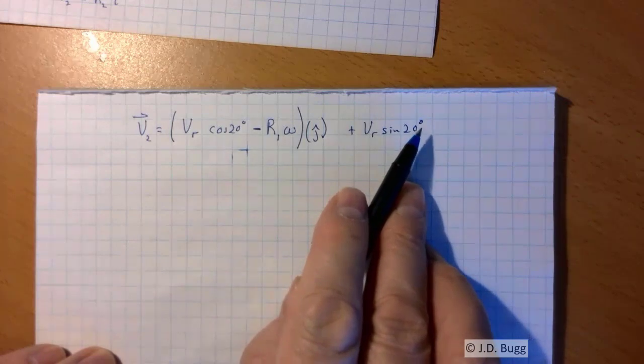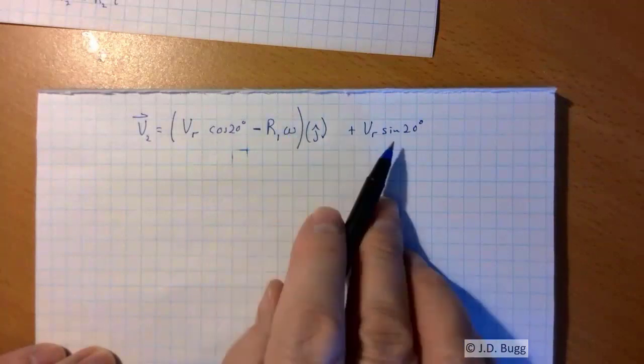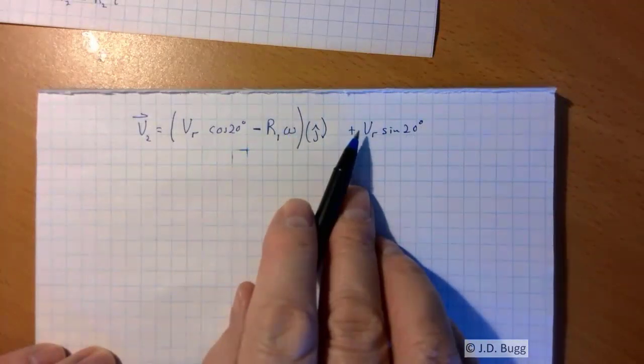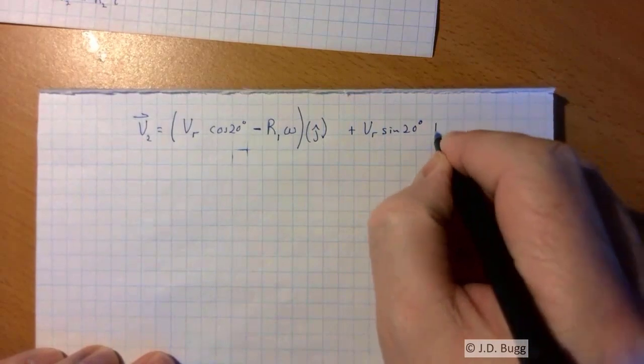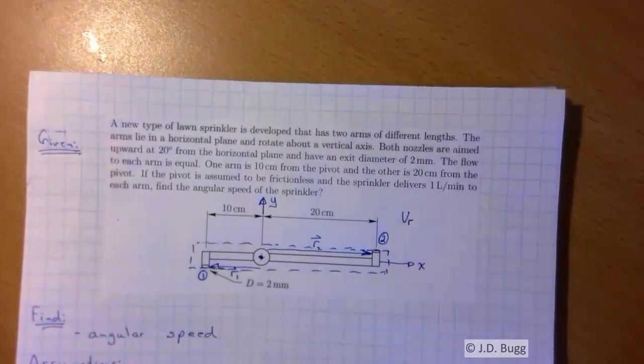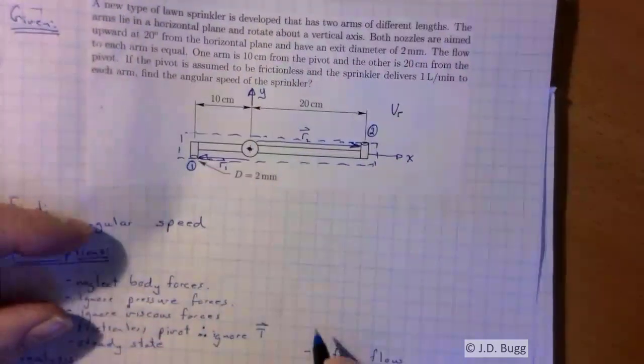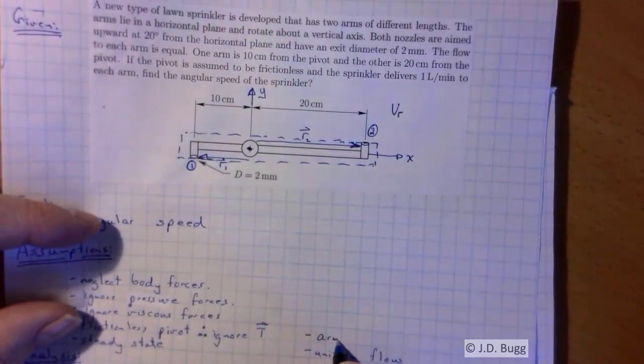And notice that nozzle tip is not moving in the K direction, so we don't have to do any shift or any correction to get the frame of reference right. So this is just VR sine 20 K hat. So we are assuming here that this sprinkler is moving in the horizontal plane, and it does say that the arms lie in a horizontal plane, but we're going to put that here too.